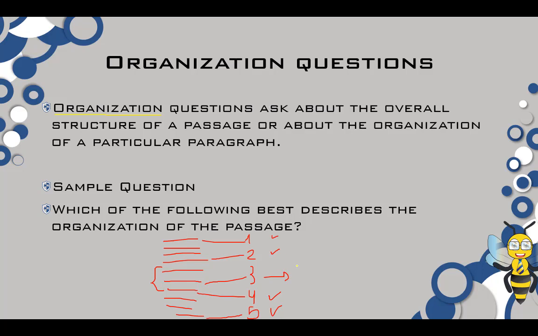For example, you have the reading, and it says this is paragraph number 1, paragraph number 2, 3, 4, and 5. Okay? They're going to give you a sentence, and they're going to ask you in which paragraph that was mentioned. Okay?